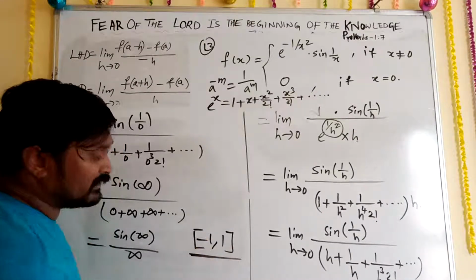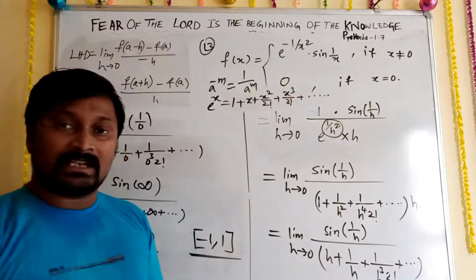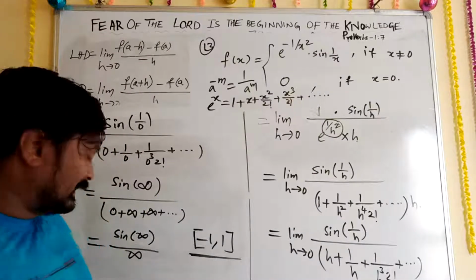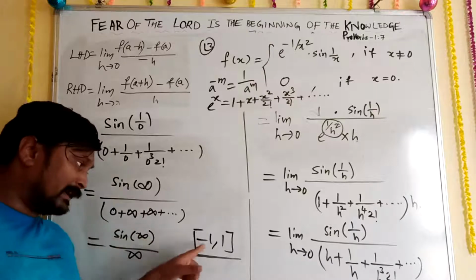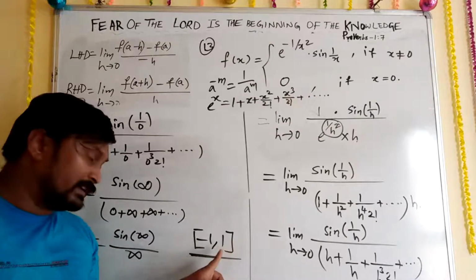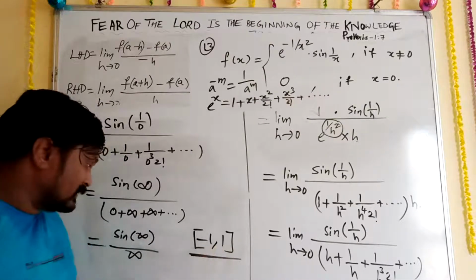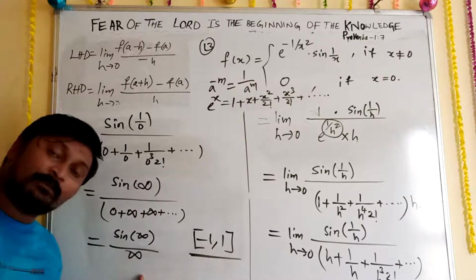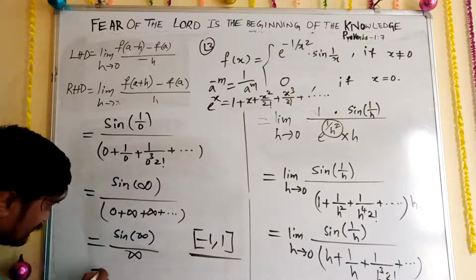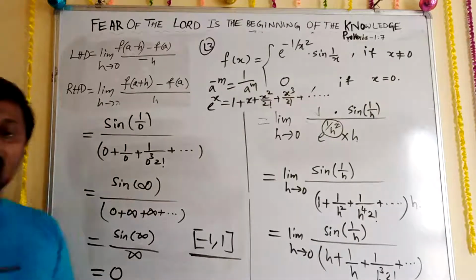In this domain only we have to take. So that was the reason why we are taking, instead of sine infinite, -1, 1. So when you take -1, 1, then -1 upon infinite is 0, plus 1 upon infinite is 0. That was the reason we are going to write here 0.